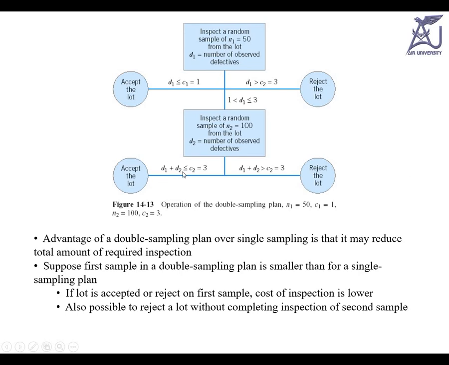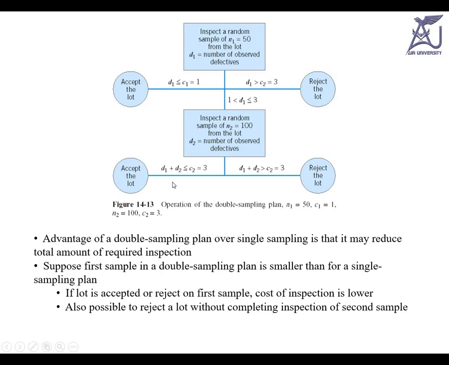Sum up both defectives and compare with C2. If that is less than or equal to C2, which was equal to 3, then you will accept the lot. But if D1 plus D2 is more than C2, you will reject the lot on the second sample.